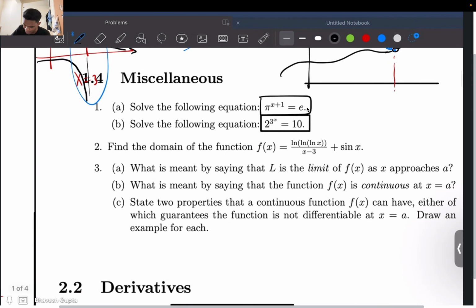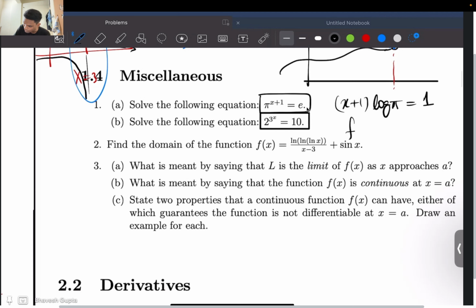And you can basically define this, you can take a natural log such that we have x plus 1 log pi equal to 1, and you can define a function like this, f of x.